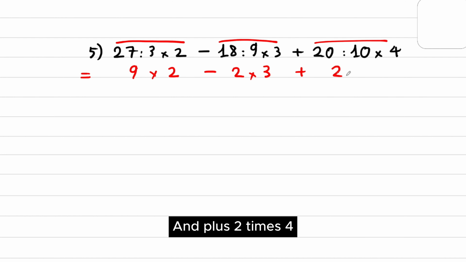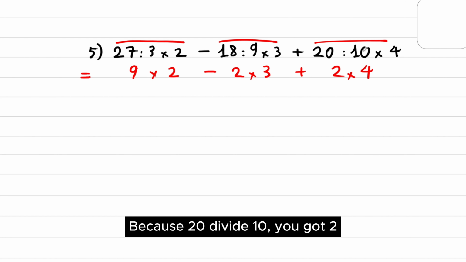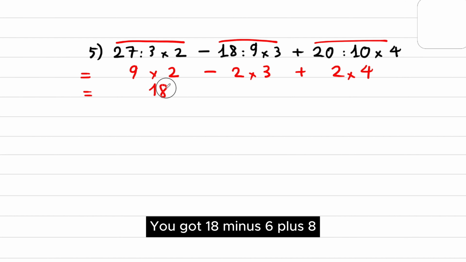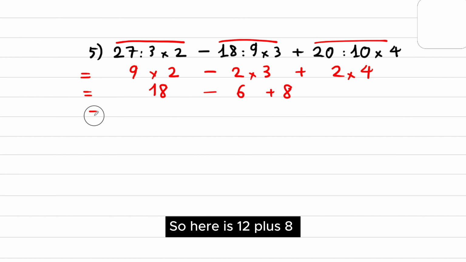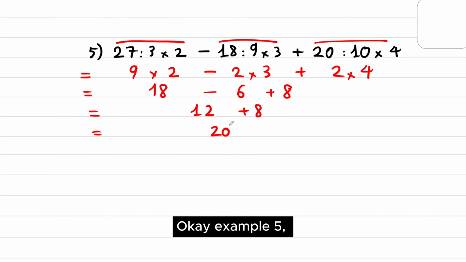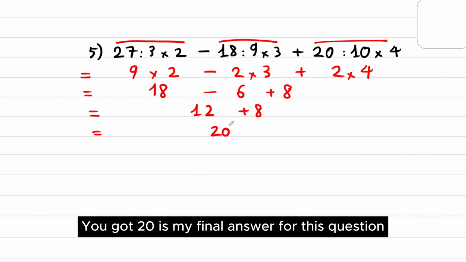And plus 2 times 4, because 20 divided by 10, you got 2. For this one, you got 18 minus 6 plus 8. So here is 12 plus 8, and then you got 20. Okay, example 5, 20 is my final answer for this question.